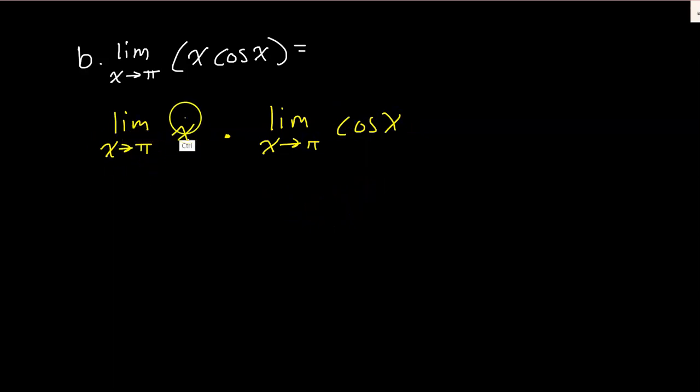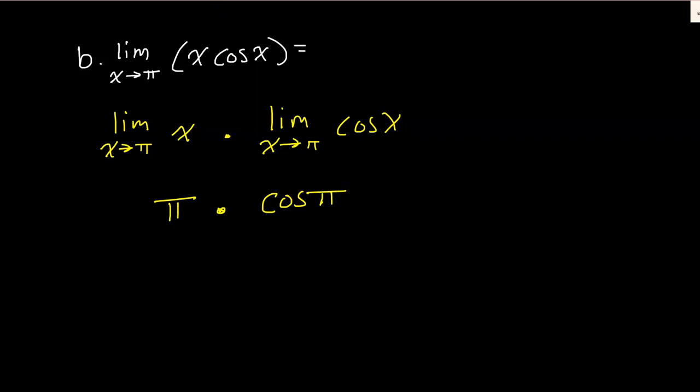So we've learned that we can just use direct substitution in both of these cases. If I substitute pi for x right here, I'm just going to get pi right away. And if I substitute pi in for x right here, that's going to give me the cosine of pi.